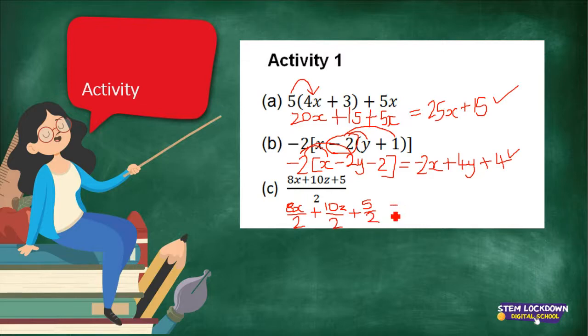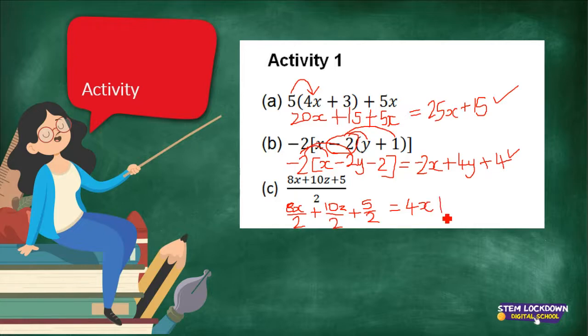Okay, next step. Here you have 8x divided by 2, right? What is 8 divided by 2? 8 divided by 2 is 2, 4, 6, 8. 2 goes into 8 4 times. So it will be 4x.